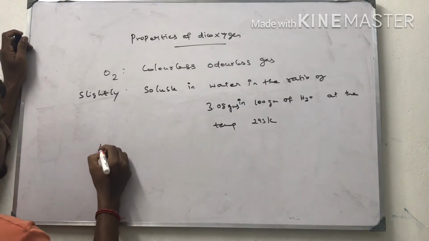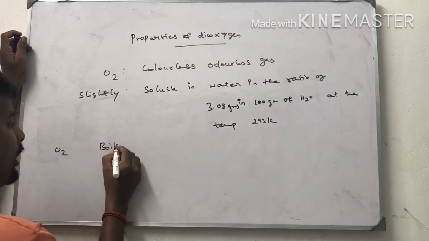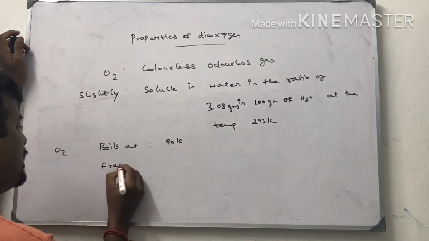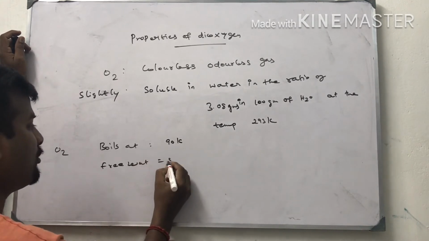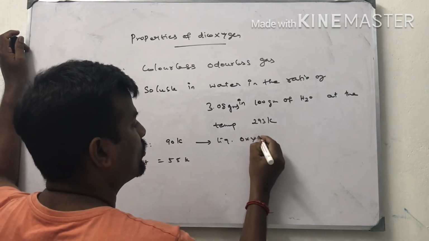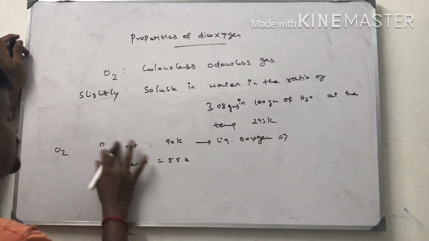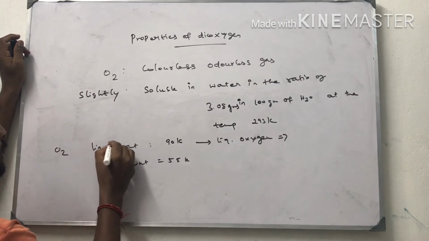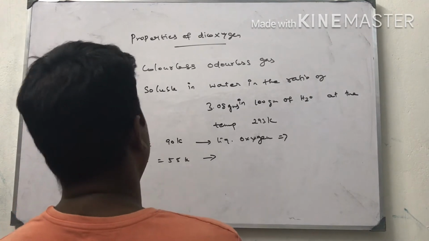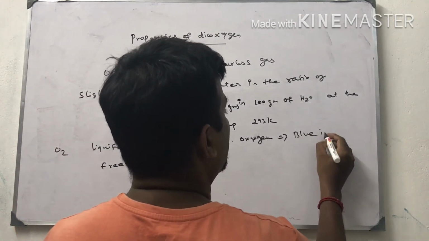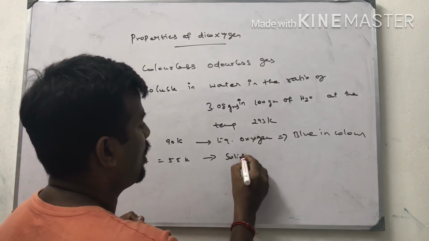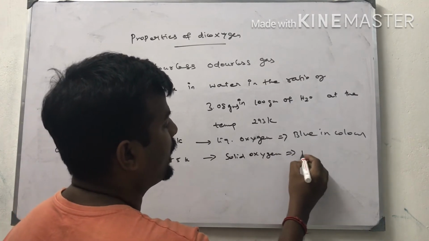Oxygen boils at 90 Kelvin and freezes at 55 Kelvin. Liquid oxygen liquefies at 90 Kelvin and freezes at 55 Kelvin. Liquid oxygen is blue in color, and solid oxygen is deep blue in color.